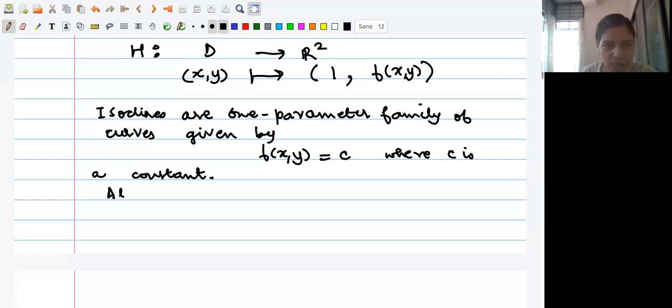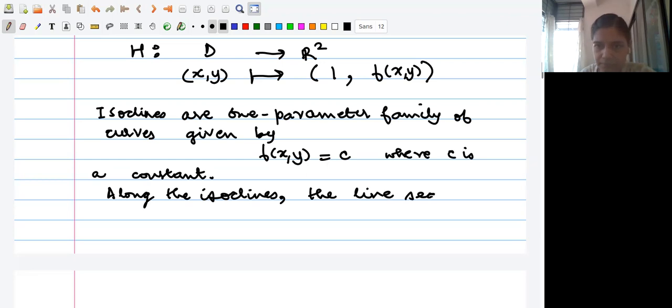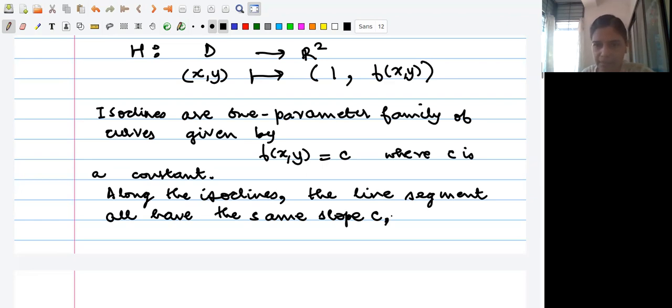So, along the isoclines, the line segments all have the same slope. Correct? And this makes it easy to draw those line segments.